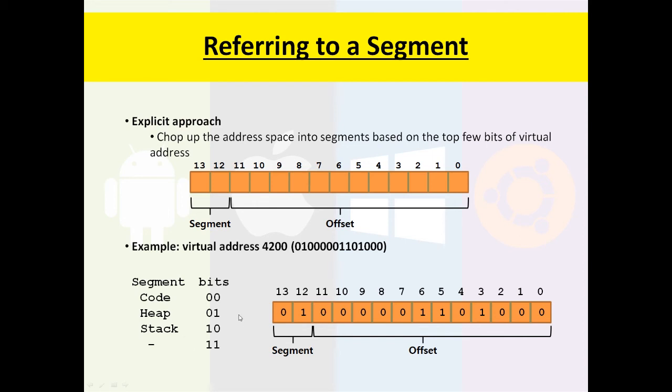This allows us to indicate which segment it is based on the corresponding bits. So the code can be 00, the heap 01, the stack 10, and anything else can be 11. And our offset will just be the rest of the address.